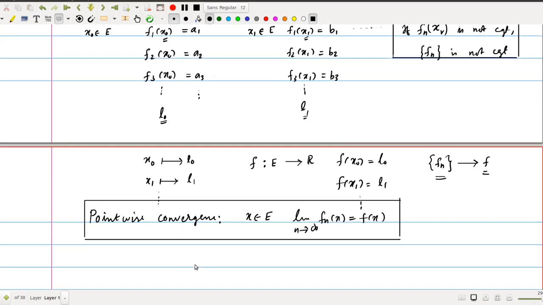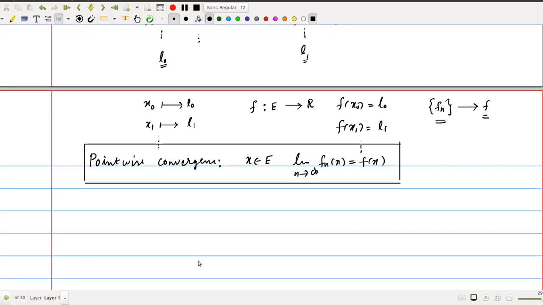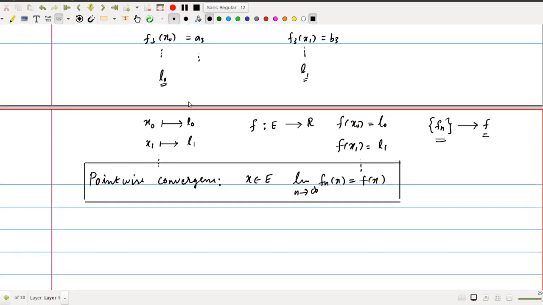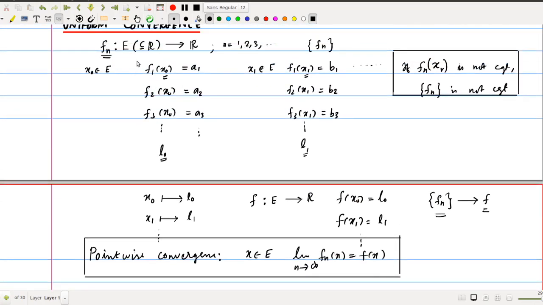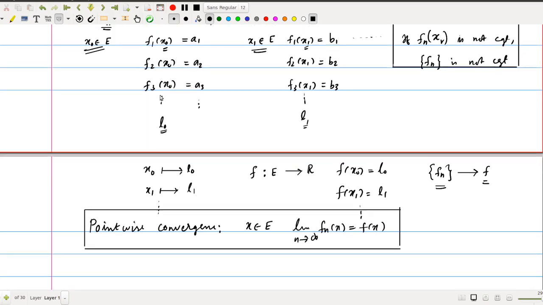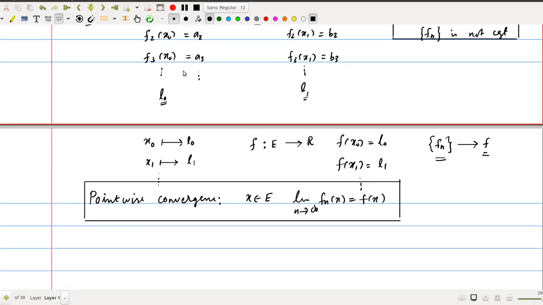Now we define uniform convergence. If fn converges to f pointwise, then for each x0, x1 belonging to E, we have this type of convergence. If we verify the convergence of the first sequence, fn of x0 converges to f of x0, that is L0. This is our notation.